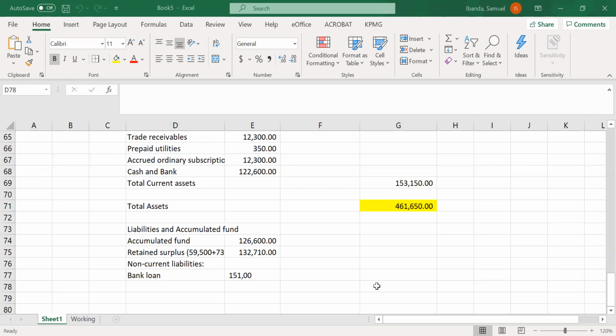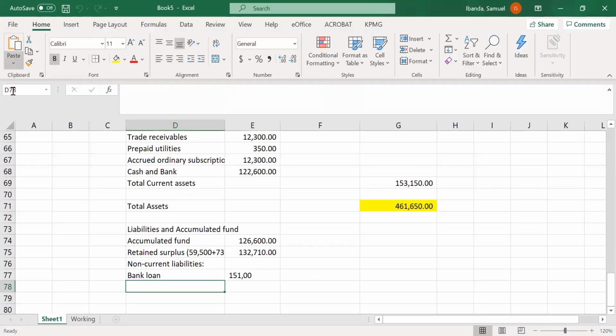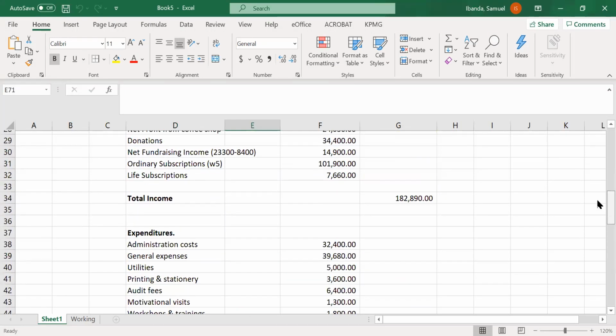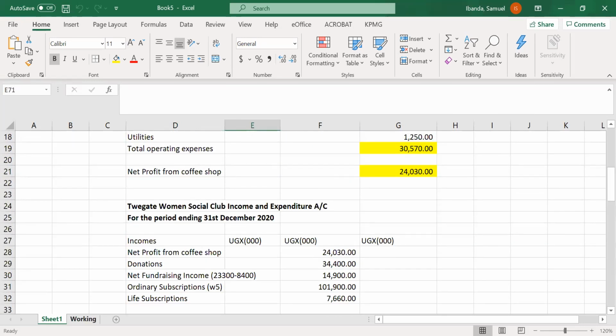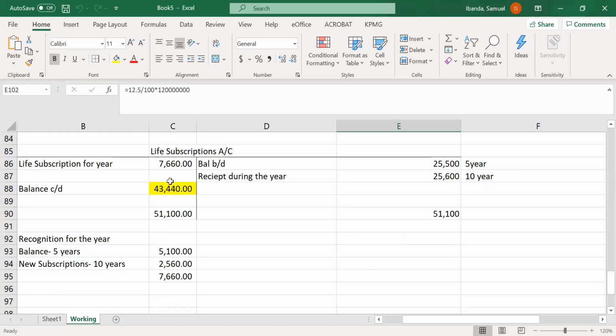The next thing we have under the opening balances is life subscription. So you remember how we calculated our life subscription balance? You just go to the account that we did for life subscription. In the account, we got our balance carried down as 43,440.